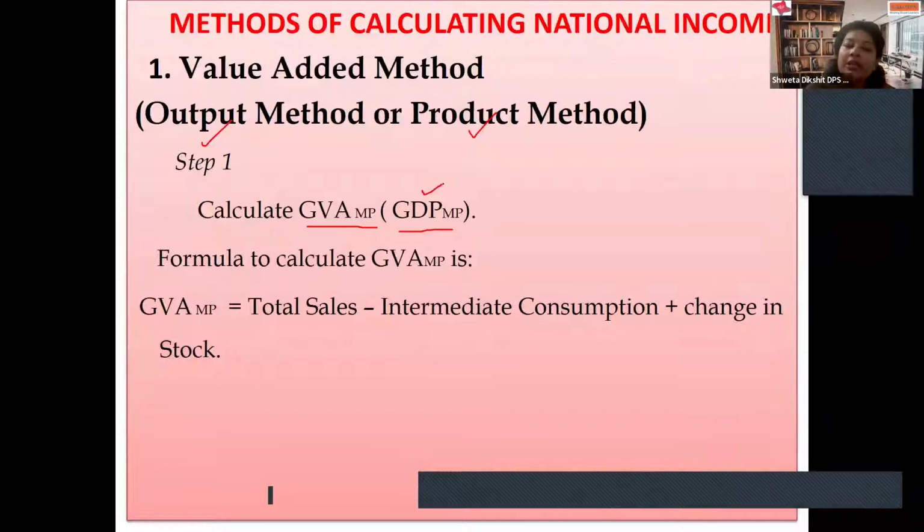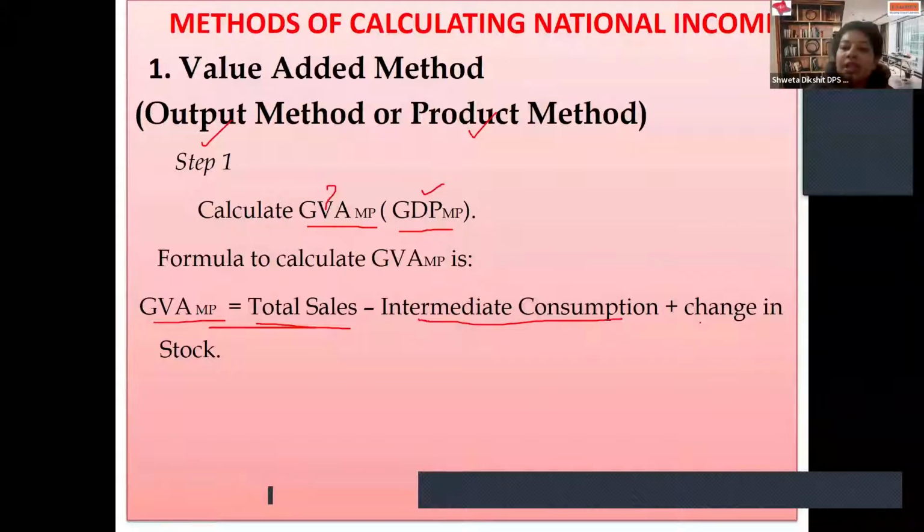Now, how do we calculate GVA at MP? There is a very short formula, which is very easy to remember also. GVA at MP is equal to total sales minus intermediate consumption plus change in stock.